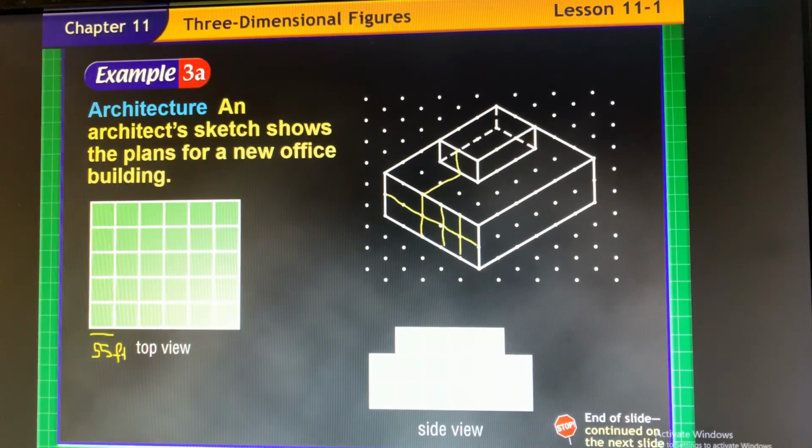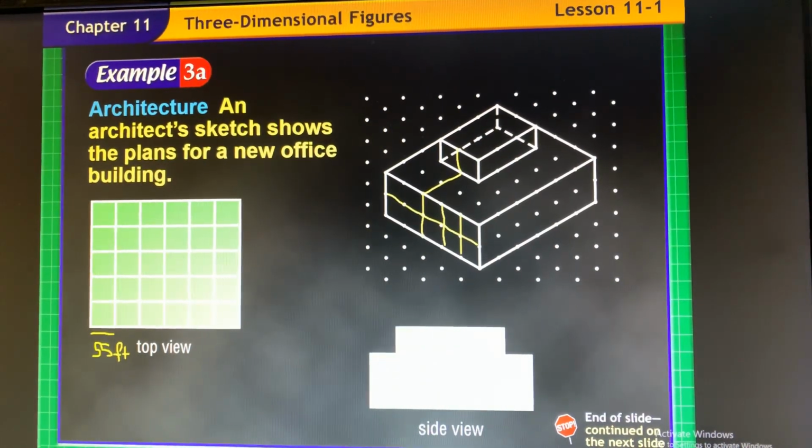So what you want to do is find the area. I have 1, 2, 3, 4, 5, 6 units by 1, 2, 3, 4, 5 units. Okay? So think about what that's going to be. This one is 6 units.